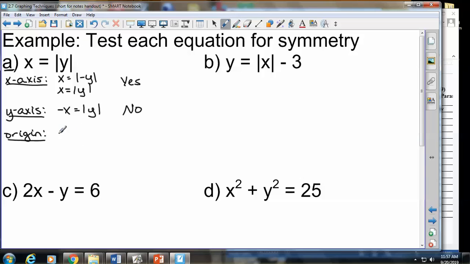To check the origin, you do both the x and the y. There's nothing I can do about it. The absolute value of negative y is the same as the absolute value of positive y. But did this turn back to the original? No. So this graph is symmetric to the x-axis.